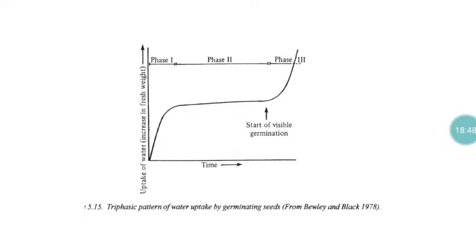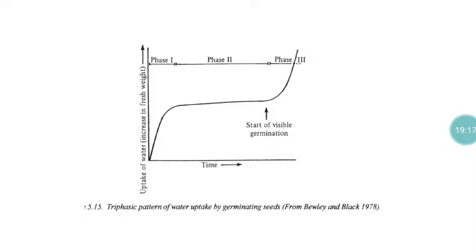Here in this diagram you can see the triphasic pattern of water entry into the seed. Whatever we discussed under the title of imbibition is up to this stage. The seed attains its maximum, the turgor pressure is in action, and the seed reaches almost a plateau with reference to water intake. After some time there is again an increase in water uptake.